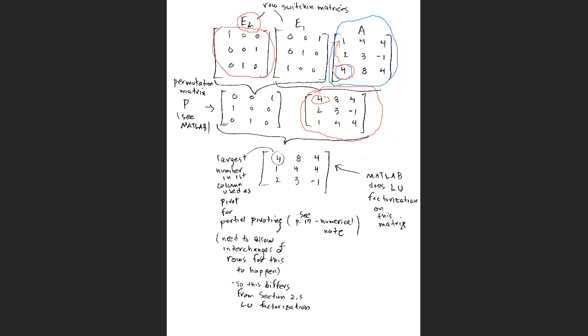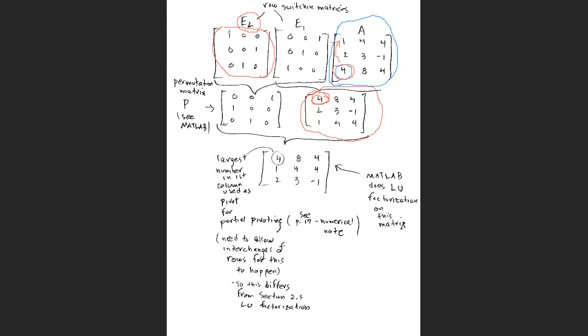But why did we do that? Why did we multiply by another matrix E2? When we did E1 times A, we moved the pivot 4 into the top spot in the first column. But you now have to think about the second column. In the second column, you have an 8, 3, 4. But you're not worried about the 8 when you do the row operations to get the matrix in echelon form.